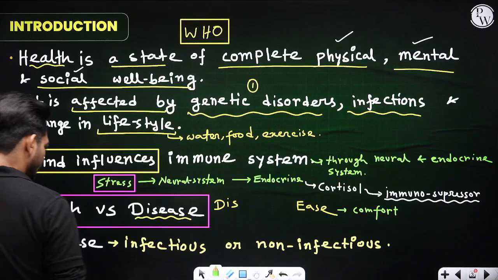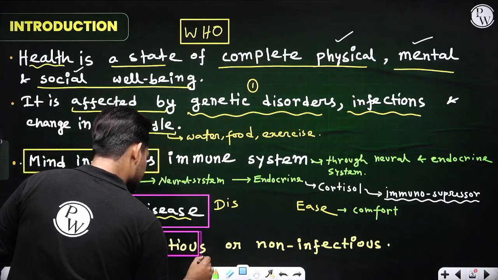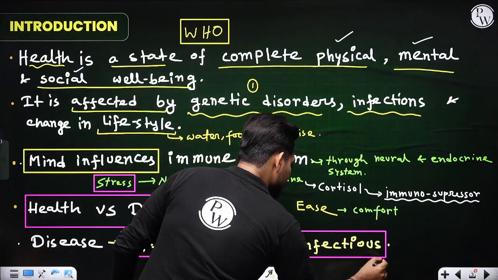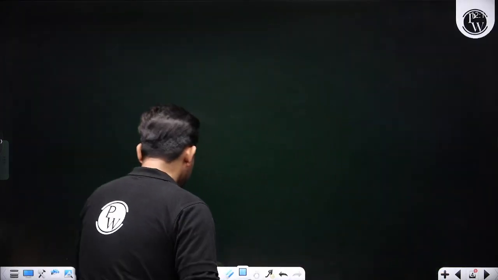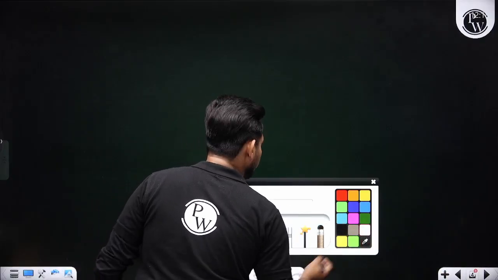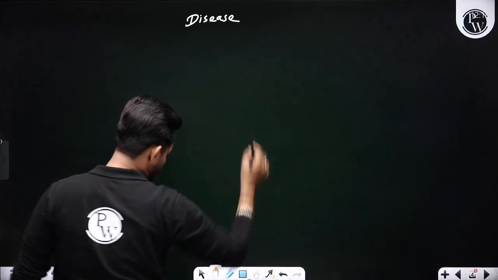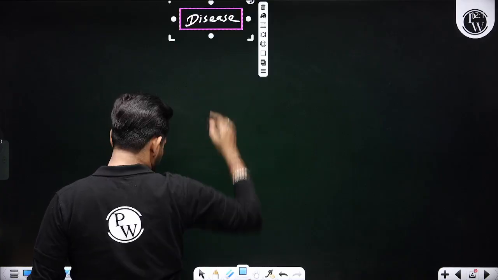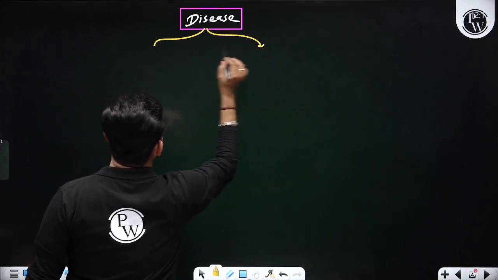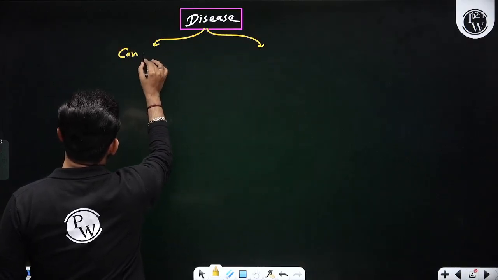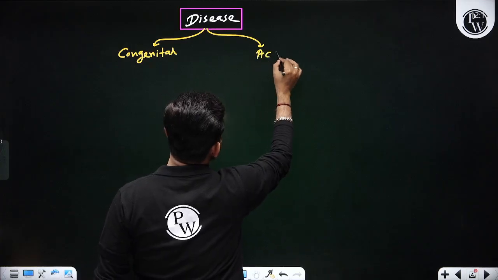Now a disease can be infectious, or it can be non-infectious or non-communicable. So let's make a table of what kinds of diseases there are. Majorly we can divide the types of disease into two types: congenital disease and acquired disease.